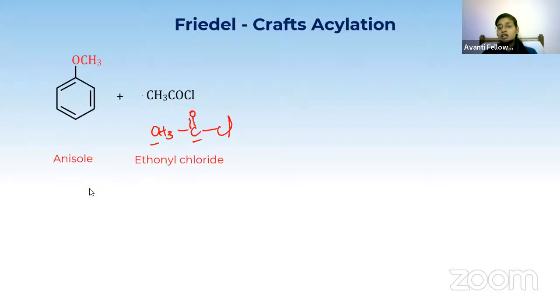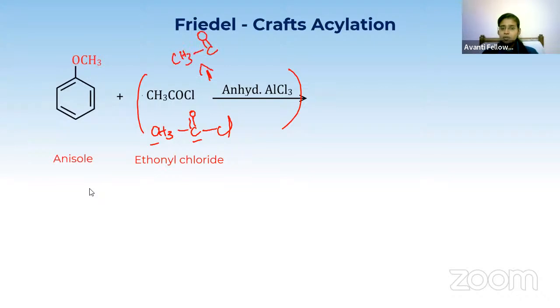So it is ethanoyl chloride in the presence of anhydrous AlCl3. In the presence of this, they will produce CH3 C double bond O plus as the electrophile, or I can write this as CH3CO plus. Both are correct.